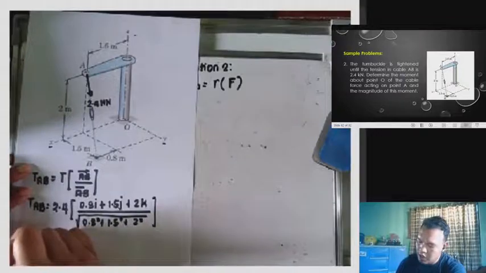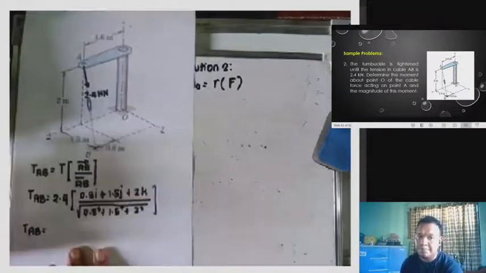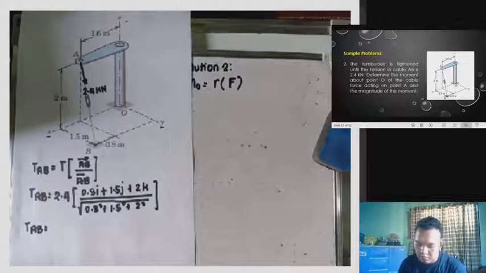Therefore, T_AB is equivalent kay 2.4 multiplied by 0.8 all over the square root ni 0.8 squared plus 1.5 squared plus 2 squared.